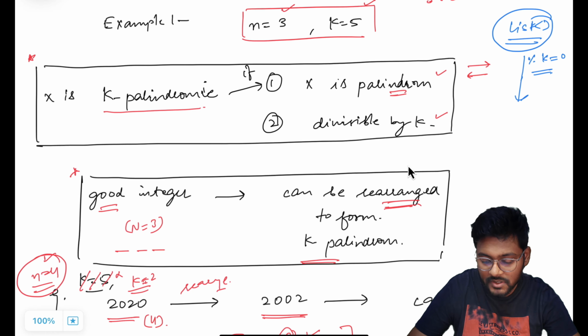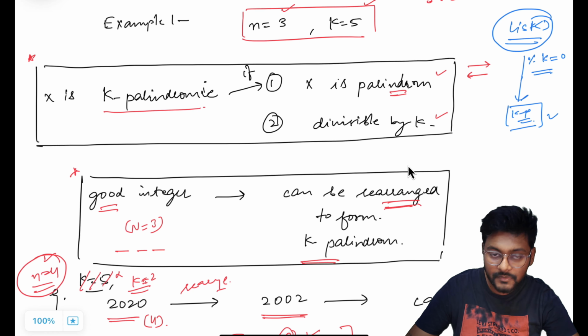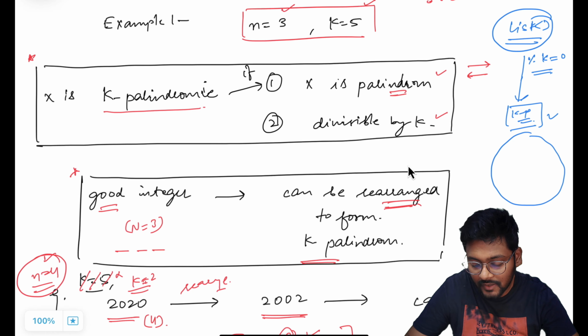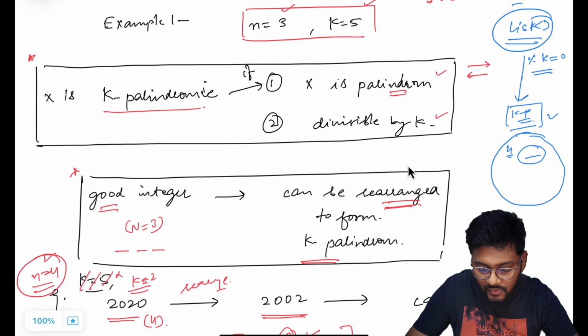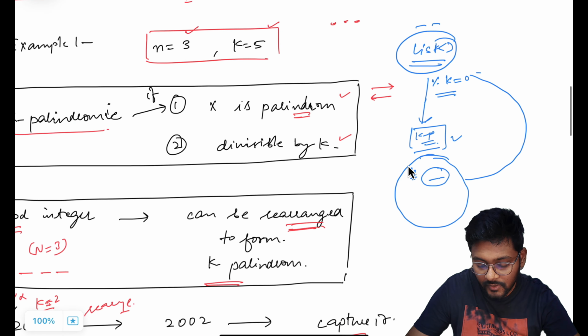If that palindrome is divisible by k, then I am 100% sure that it is a k-palindrome. If it is a k-palindrome, I need to figure out how many different 4-digit numbers can lead to this palindrome. All the numbers which are generated with the same set of digits as this palindrome will lead to this palindrome. So this is something we will do.